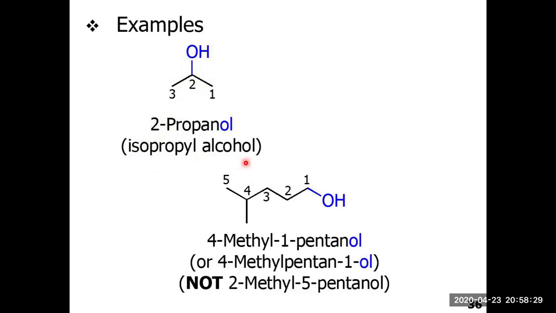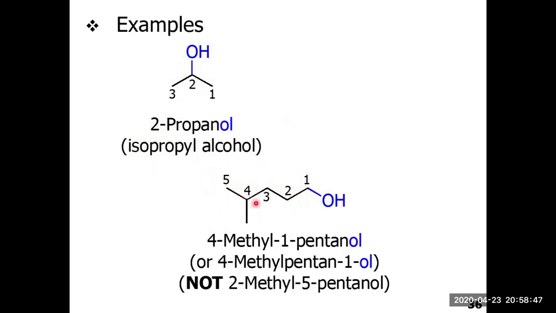Now we have a bigger molecule, but it's easy to name. We have to find the longest continuous carbon chain bearing the hydroxyl group, and this is this one: 1, 2, 3, 4, and 5.